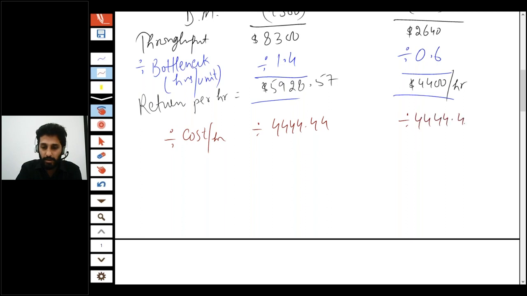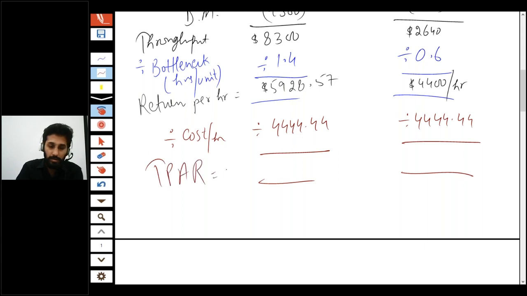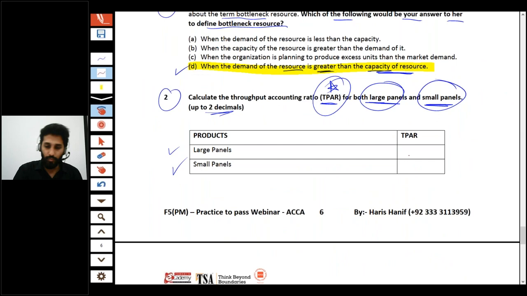Here you will have the TPAR: 1.33 and 0.99.